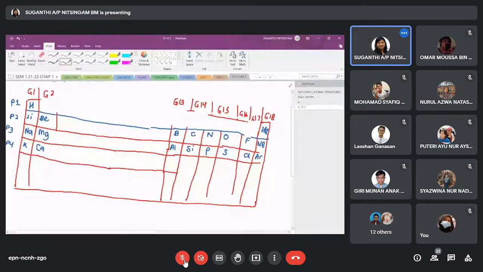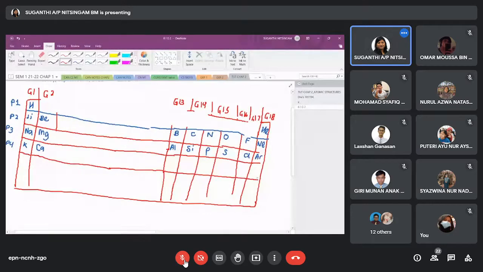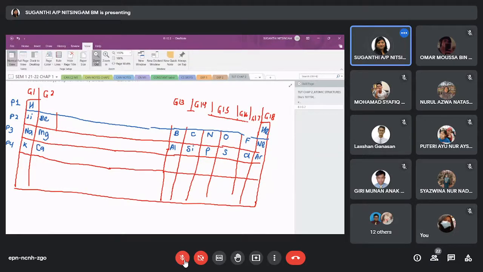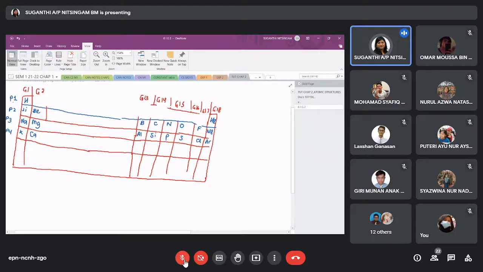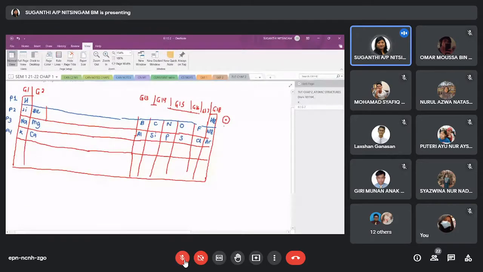Okay, what you must understand now here is apa yang saya maksudkan daripada period ialah macam ni. Kalau ini adalah nucleus dan dia ada satu saja petala dia, the shell.